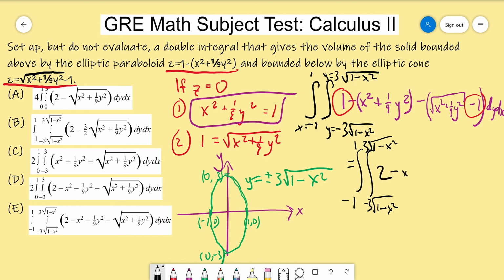And then we're going to have minus x squared minus 1/9 y squared, and then minus the square root of x squared plus 1/9 y squared. And all of this is integrated with respect to y and then with respect to x. So which of these answers matches? It's going to be answer E.